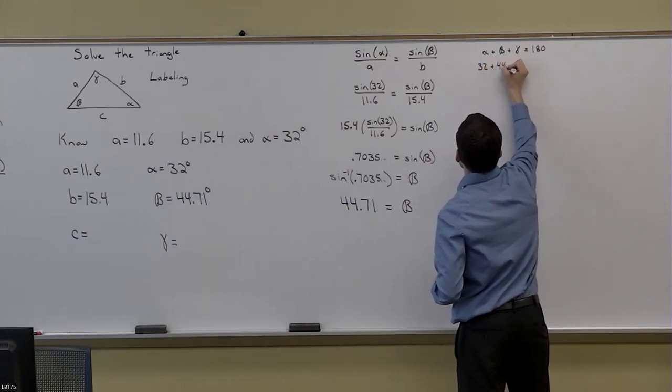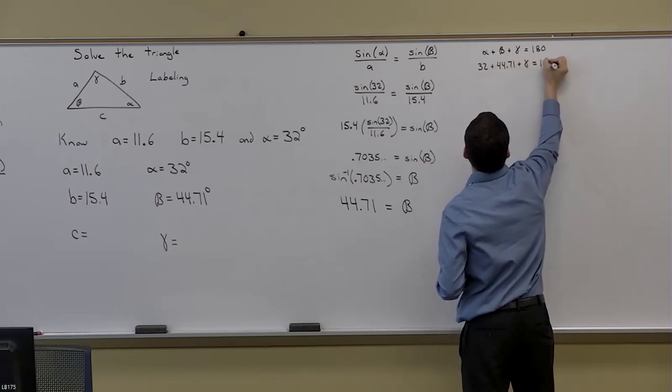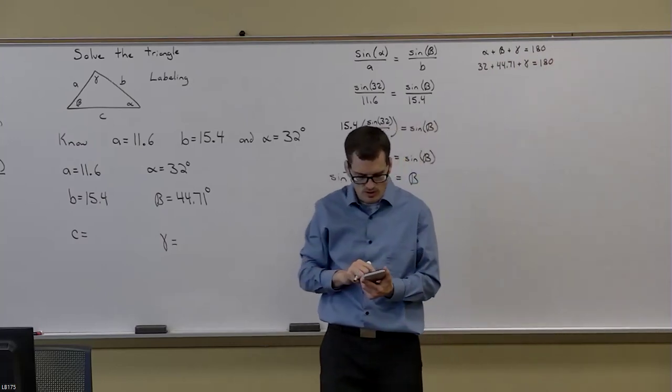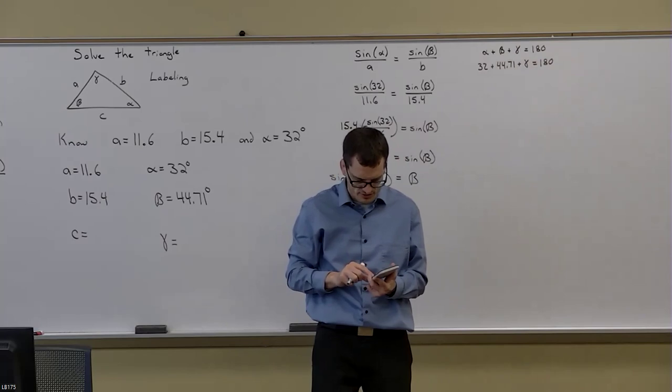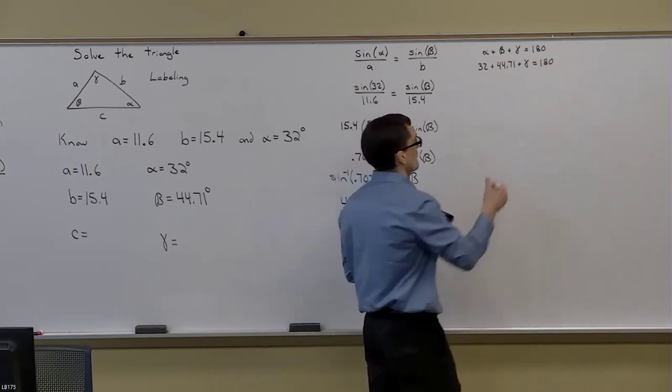Now I know beta is 44.71. So I take 180 and I subtract 32 and I subtract 44.71 and I get 103.29 as my gamma.